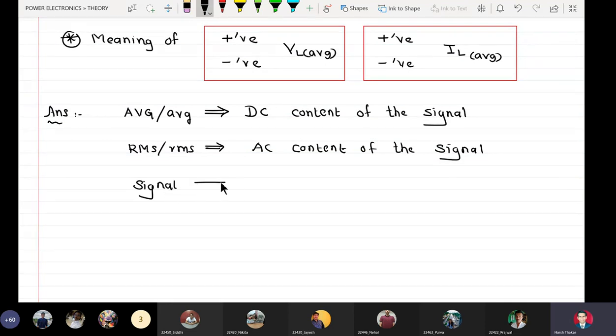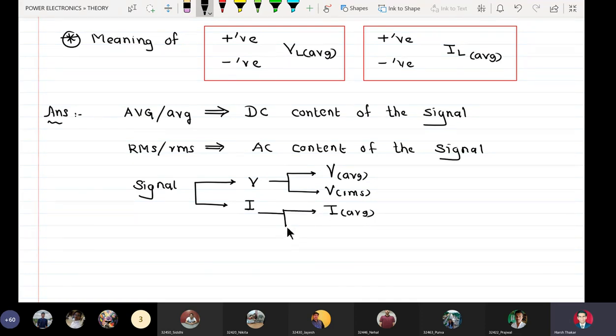While we know that a signal can either be a voltage or a current, we coin two terms, VAVG or VRMS, and conversely IAVG and IRMS.